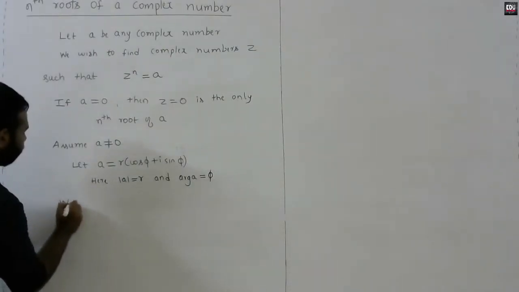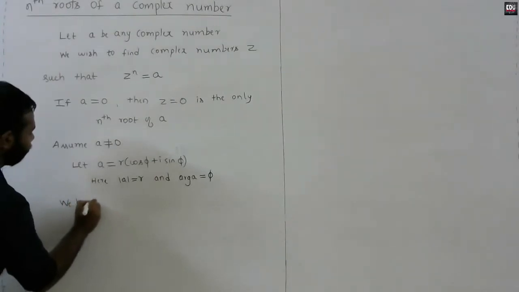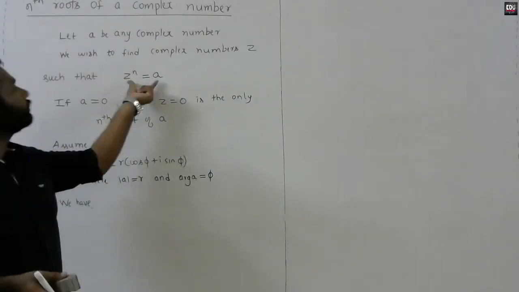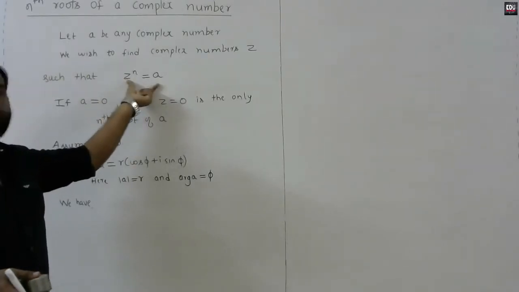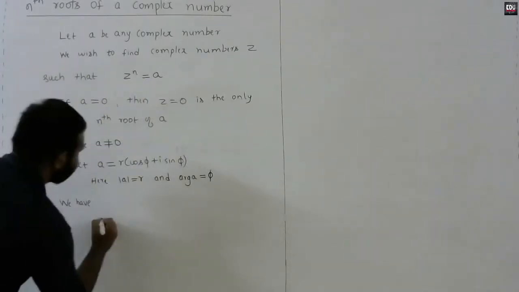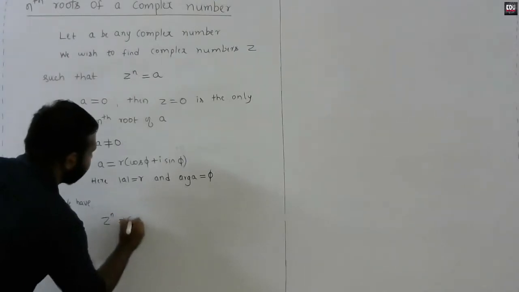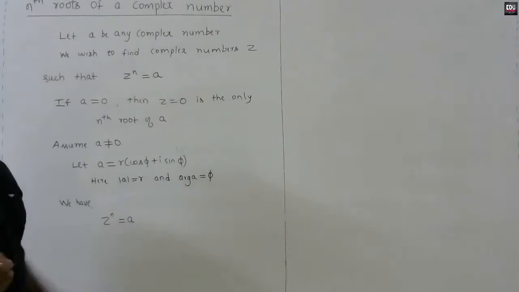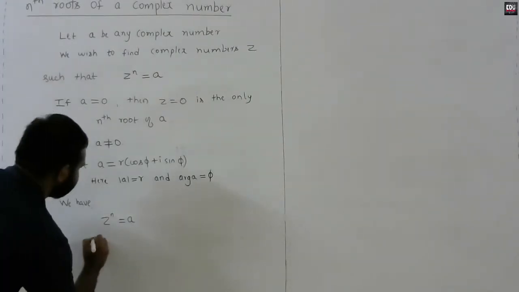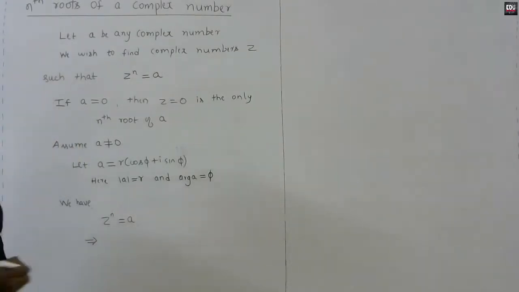Now, we need a complex number z satisfying this equation, so we shall start with that equation. We have z power n is equal to a. Two complex numbers are equal means their moduli will be equal.